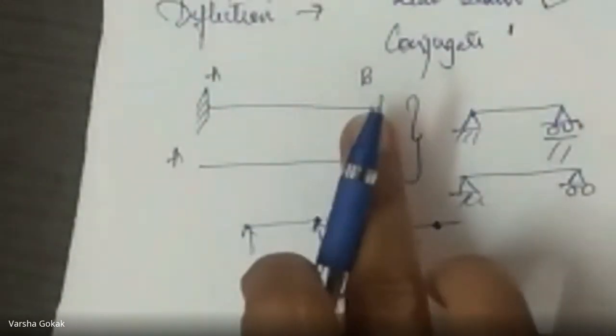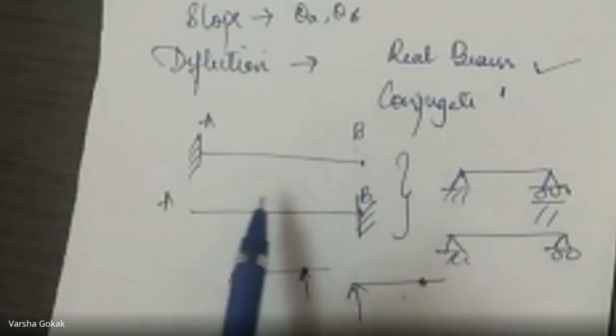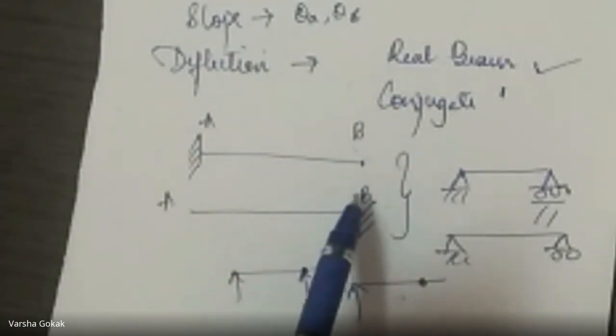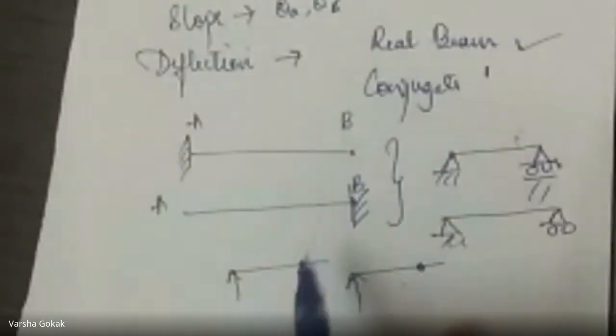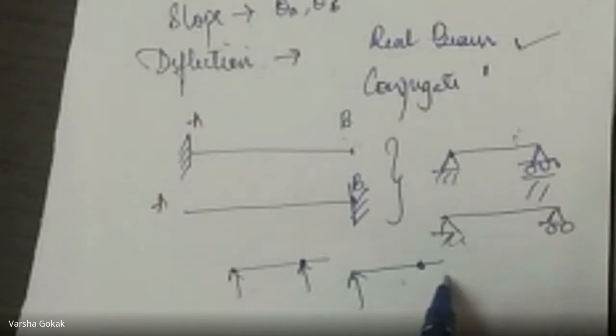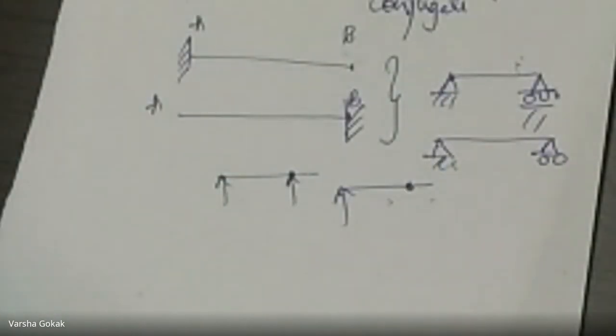So in summary, a fixed end becomes a free end, a free end becomes a fixed end, and a simple support remains a simple support. Also, the overhanging support becomes an internal hinge. Then there are some sign conventions that we have to use when drawing the conjugate beam.